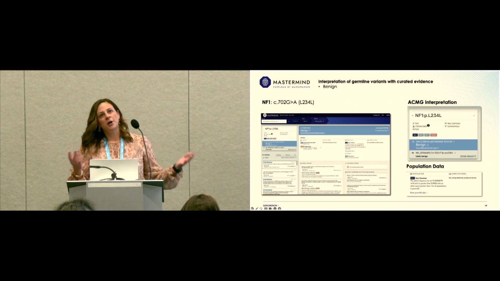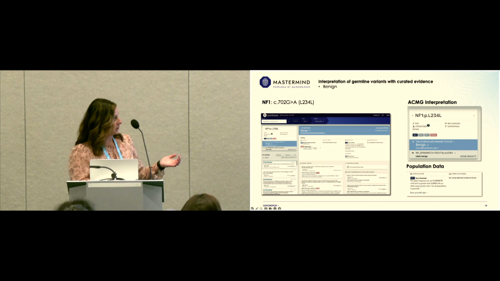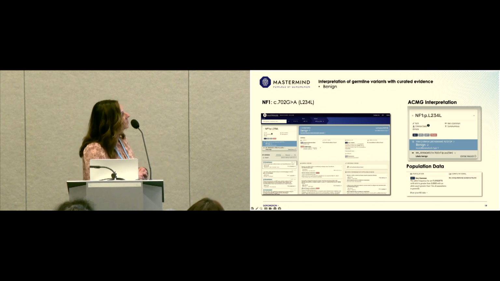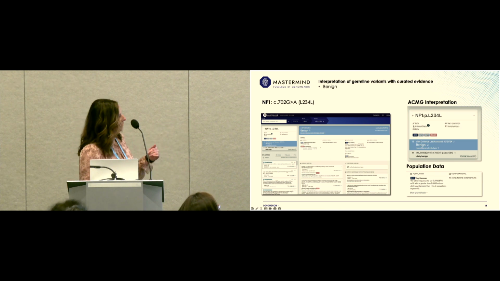So if we start with first Mastermind, looking at those germline variants, looking specifically at the synonymous variant. We can use Mastermind, again, to interpret germline variants with the curated evidence that you would find in Mastermind. So looking to the left here, we searched on L234L, and you can see a screenshot basically of what you would find for that particular variant.